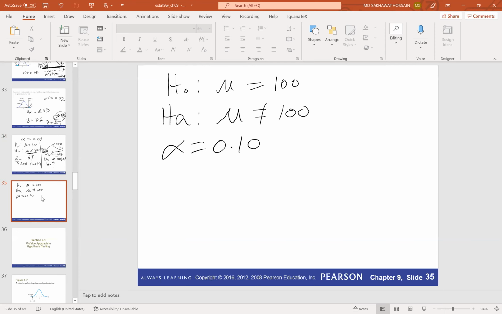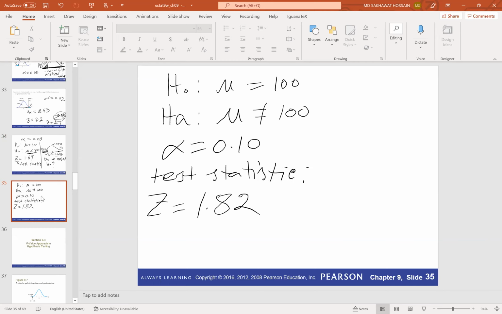And the test statistic is 1.82. This is the test statistic.